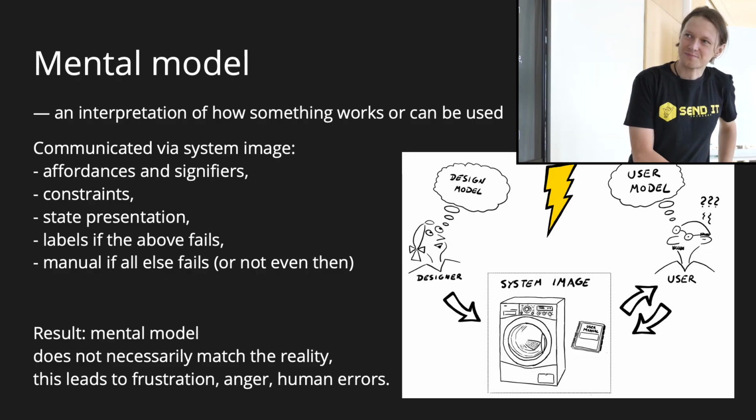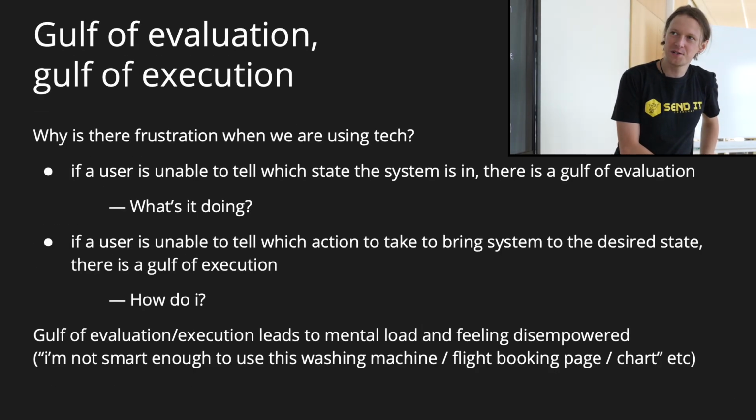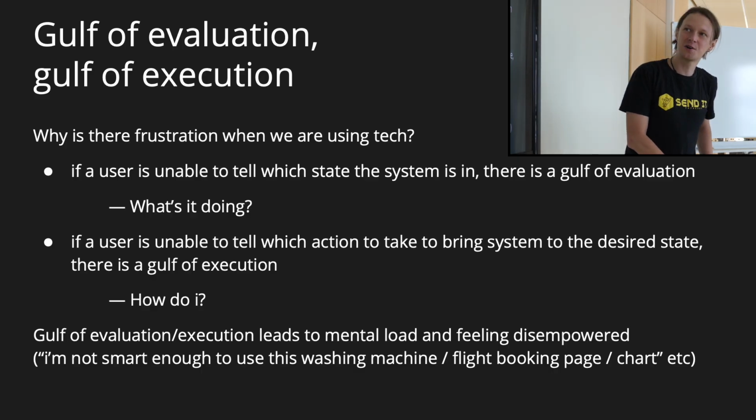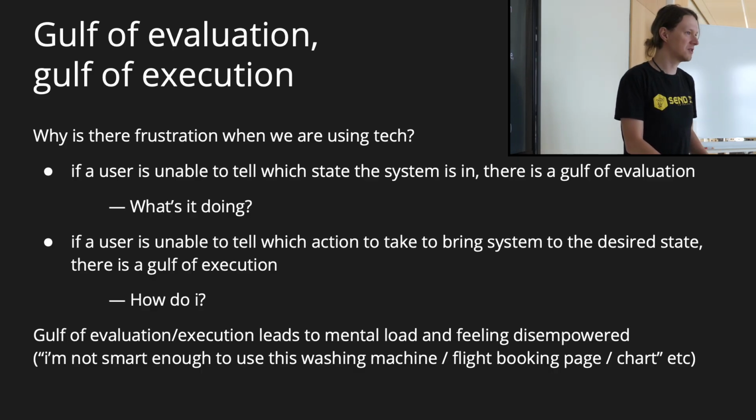So what exactly leads to frustration, why is it so hard to use technology? It's for two reasons. The two reasons are gulfs of evaluation and execution. Gulf of evaluation, gulf of execution.